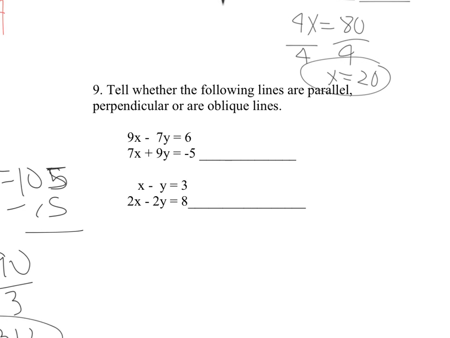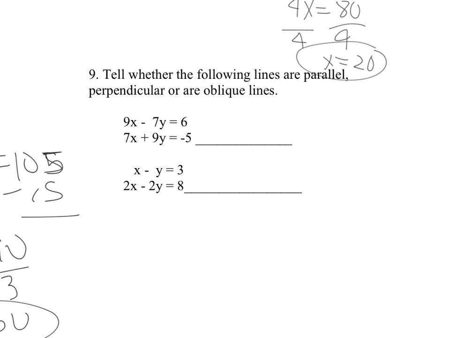Tell whether the following lines are parallel or perpendicular. So you're going to have to compare slopes, but each one is in standard form, so you are going to have to solve it into y equals mx plus b. So we'll just have to do this one by one. 9x minus 7y equals 6. We're going to subtract the 9x over.